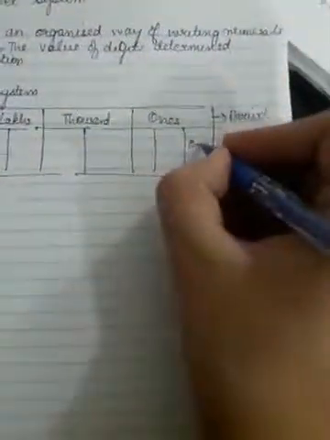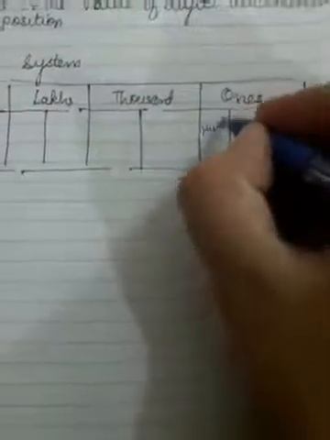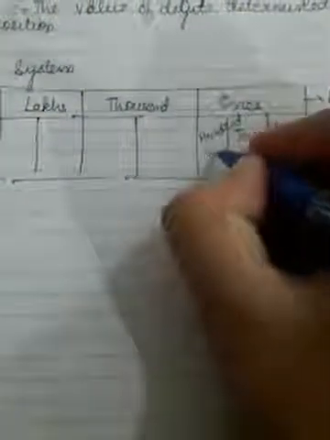So ones is divided into 3 parts, having different values. First one is 1, having value 1. Second place is tens, having value 10. Third one is 100 and its value is 100.